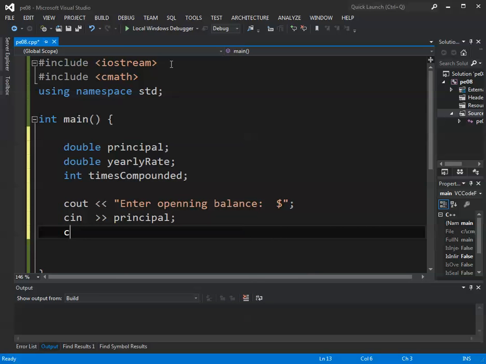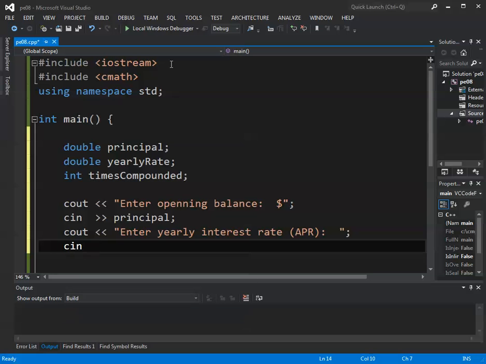I'm going to prompt them for a yearly interest rate. I guess that's APY or APR, I think there are some technical differences between those two terms. I'm not going to worry about that too much right now. And read that in.